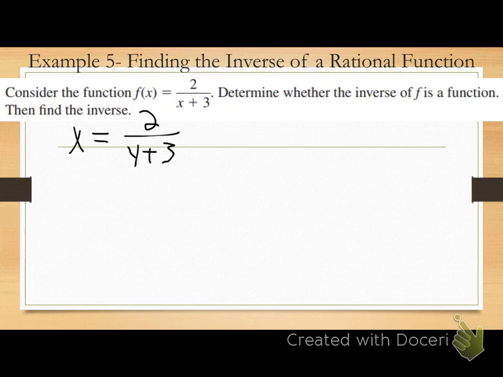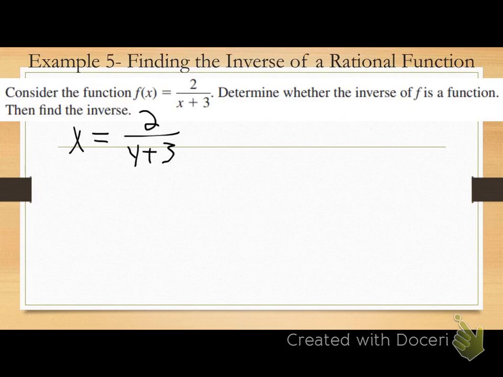So, what might be my first step here, trying to get y by itself? You're close with the second thing you said, but not quite. Would you multiply 2/3? No, not 2/3. What's the denominator of the fraction?